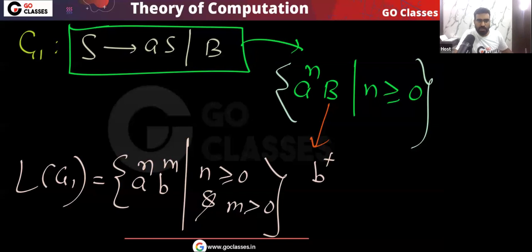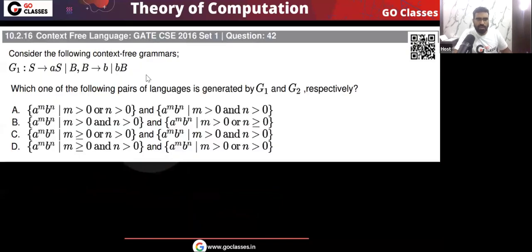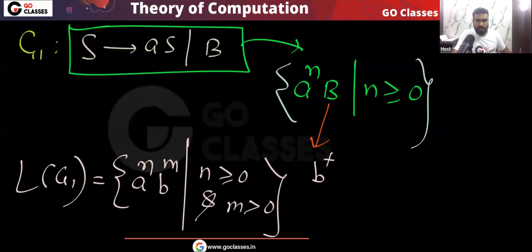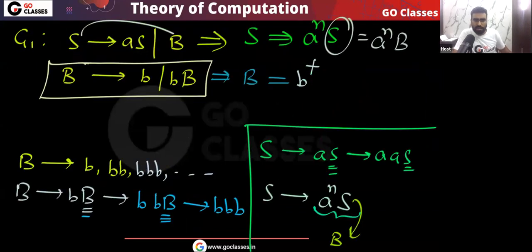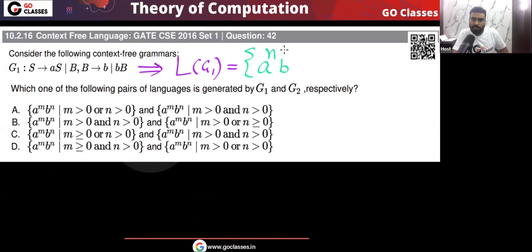And which option will you get? We have already found the language. The language L of G1 is A power n B power m, where n is greater than or equal to 0 and m is greater than 0. So which option is matching? In all the options A power m is there, so let me change the powers.